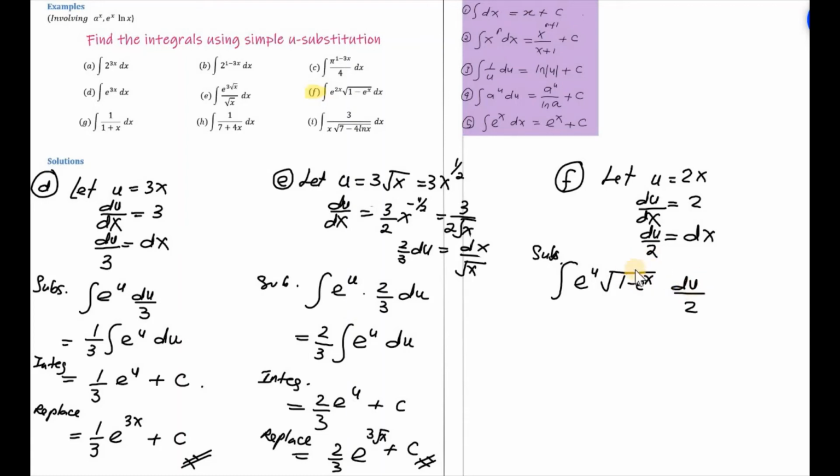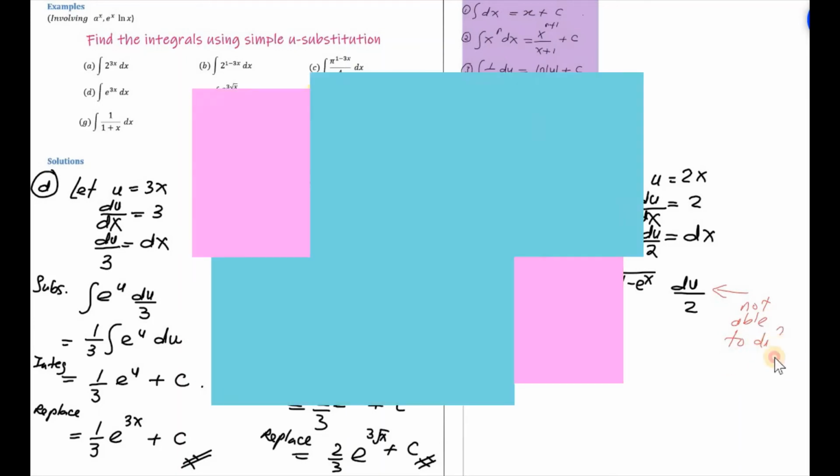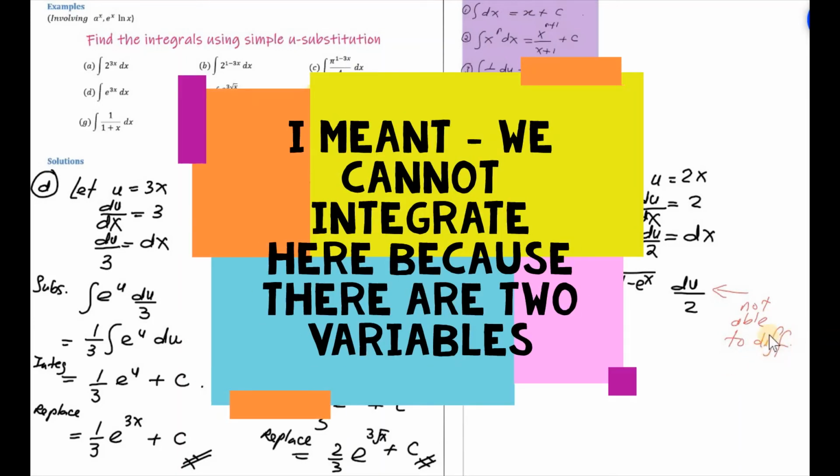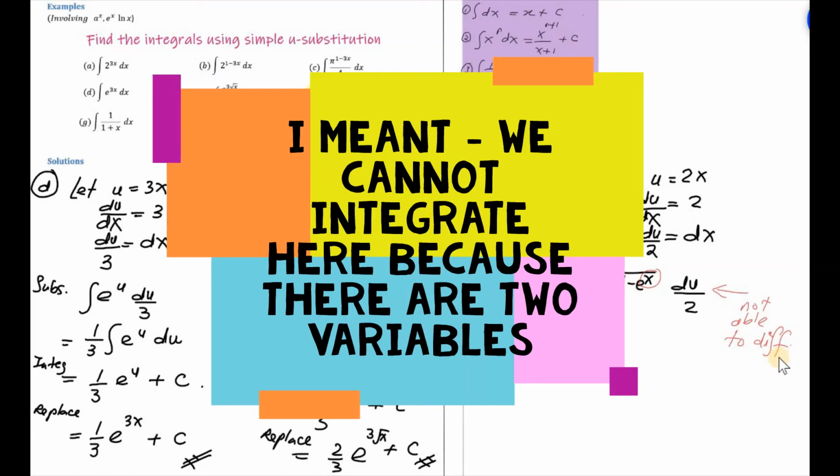Up to this level, we still have e power x, so you are not able to differentiate. Here you will fail to differentiate because we have two variables there. So you are stuck there.